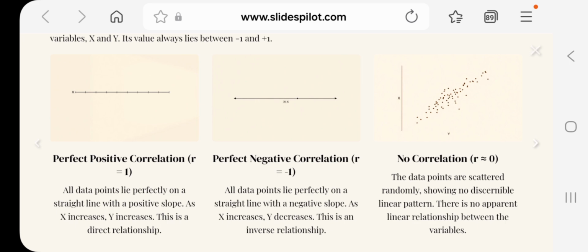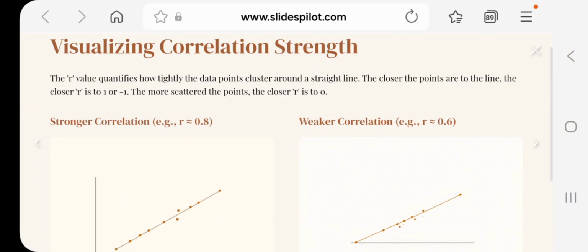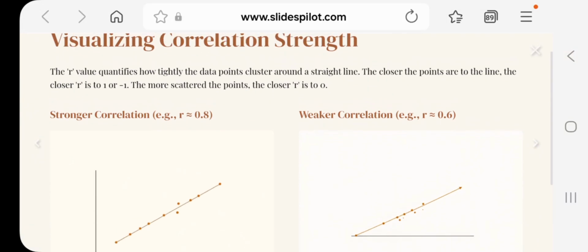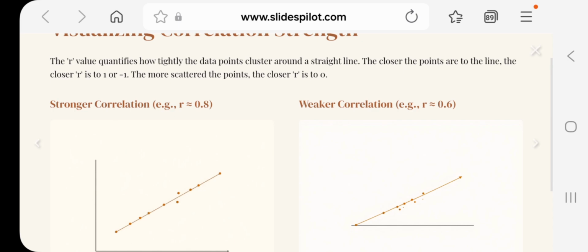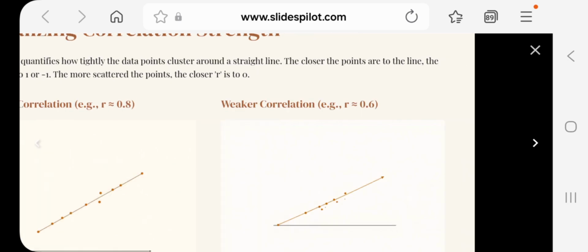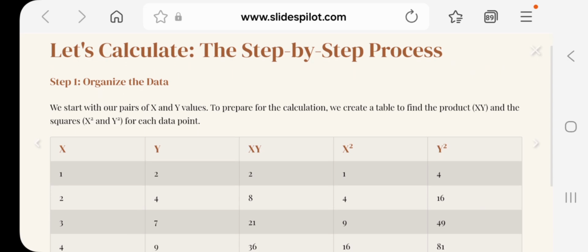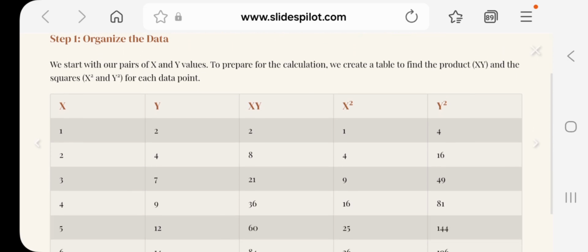Now let's take a minute and calculate the correlation coefficient. So we're going to make a table containing the columns x, y, and then the product of xy, and then x squared, followed by y squared.